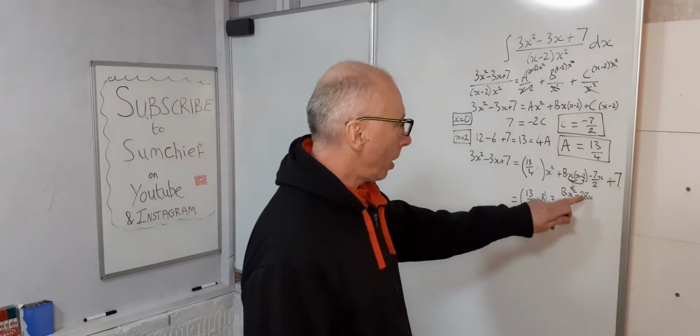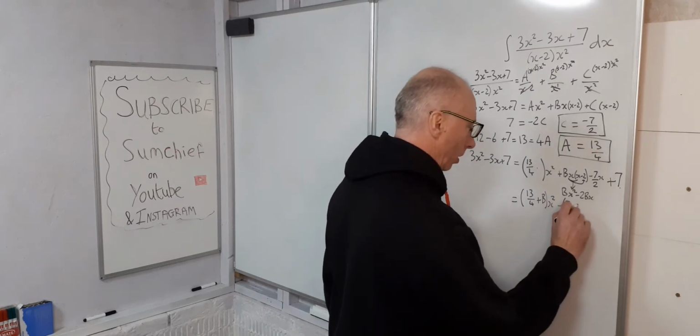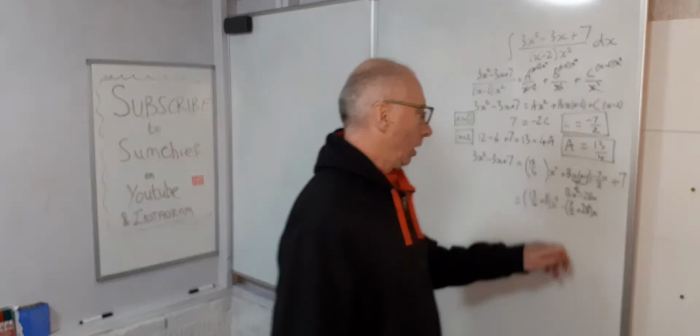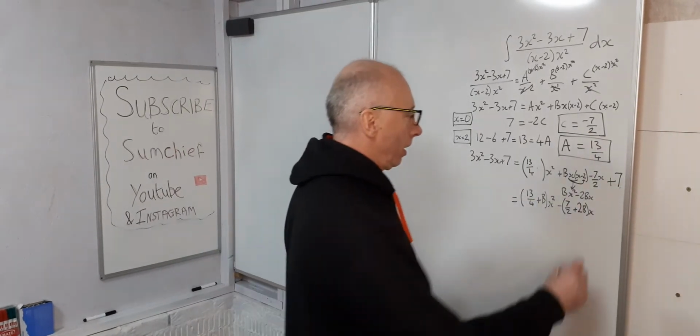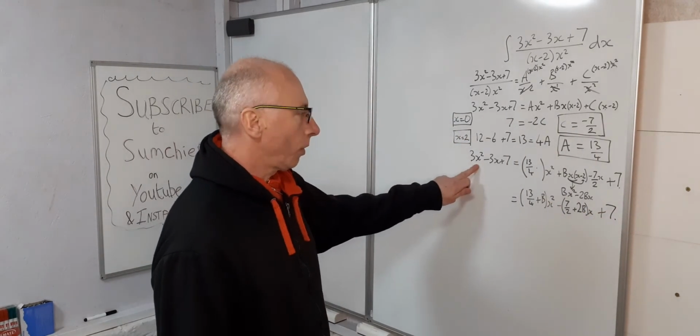And then if we've got a minus 2b with the minus sign in front, we're going to have to make that a plus. Minus plus gives us a minus, hence we're correct. And then plus 7.